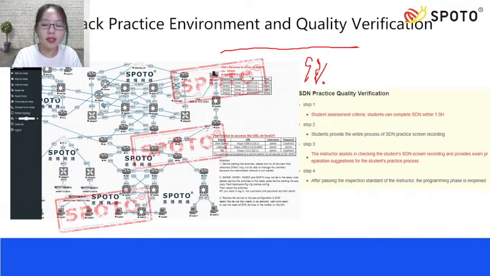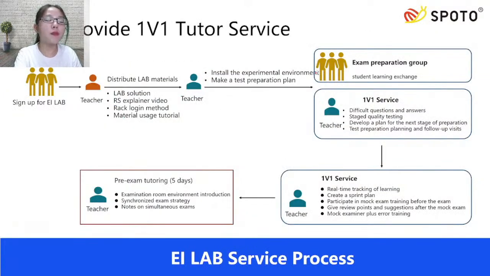So here I would like to briefly introduce our service process and what you can get if you choose our SPOTO CCIE training course.